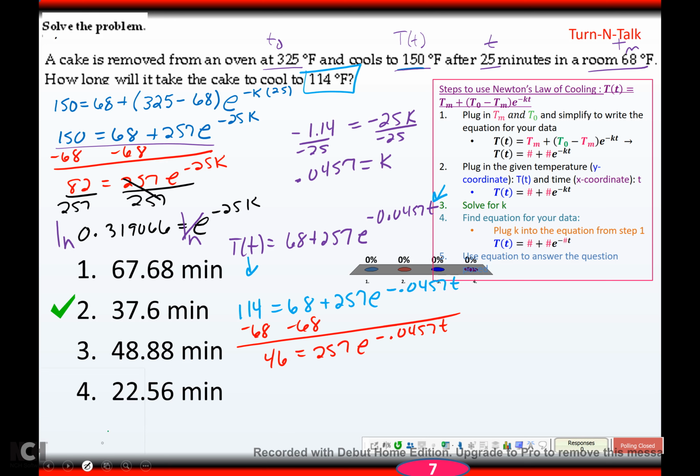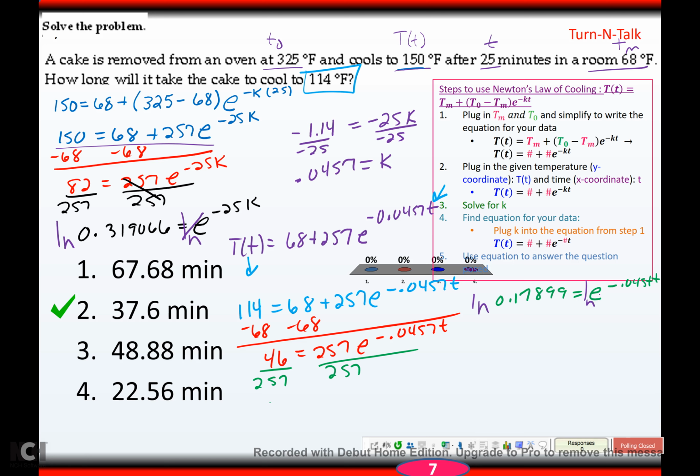Divide by 257. I get 0.17899 or whatever equals e to the negative 0.0457t. My variable's in the air, so I'm going to have to natural log both sides.